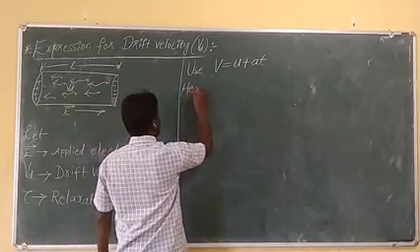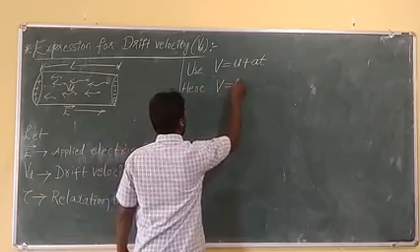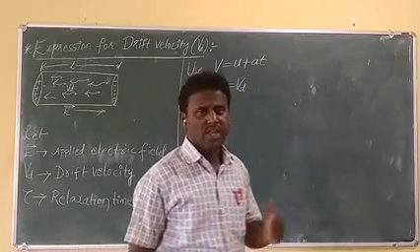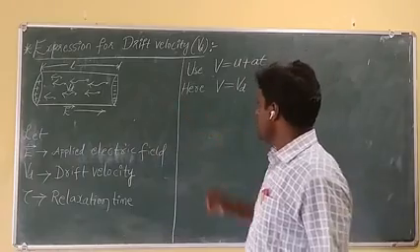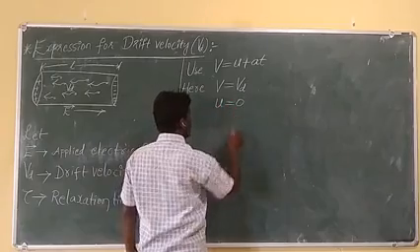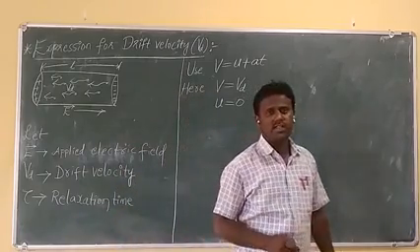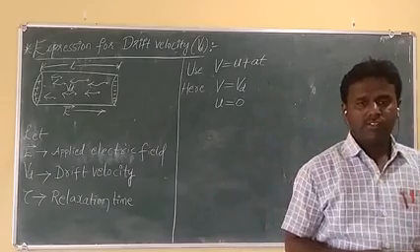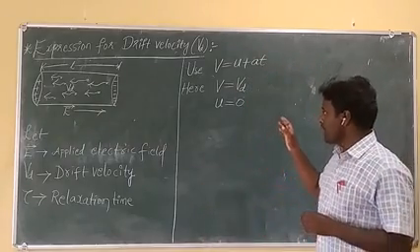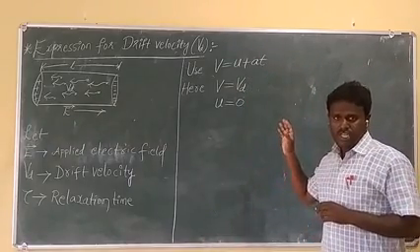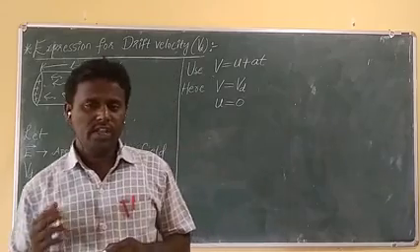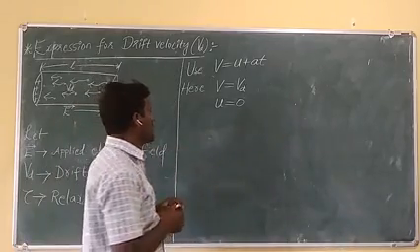So here V equals VD. V is the final velocity of the electrons of this conductor. U equals 0. As I told you in the morning class, the initial velocity of the electrons should be taken equal to 0, because it is the velocity of the electrons in a conductor in the absence of the external field.